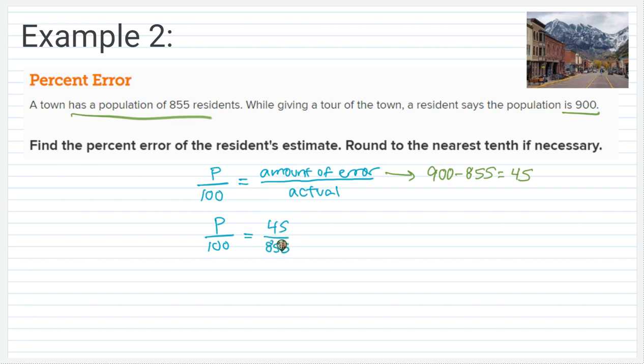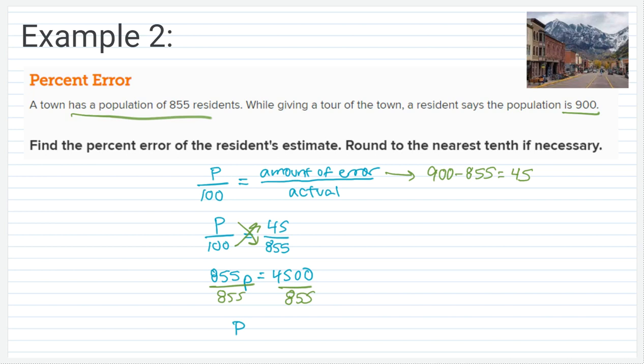Because again, 855 was the actual town population. Now we're going to do our cross products. So we're going to have 855 times P, so that's just 855P, equals 45 times 100, so that's 4,500. And then we have one more step to solve this. Divide both sides by 855, and then we're going to find our percent.